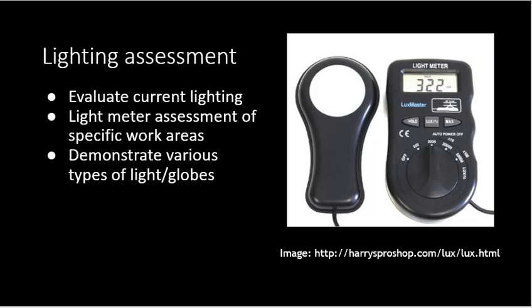So you would observe your patient performing tasks such as reading, writing, activities of daily living in their lighting situation where they are at home, and then you would improve the lighting, make suggestions, and measure the difference between the two. Specifically using a light meter is not something that we would cover in this course. However, it's something that you should keep in mind if you find yourself working in a low vision environment. A light meter is going to be a terrific resource for you.